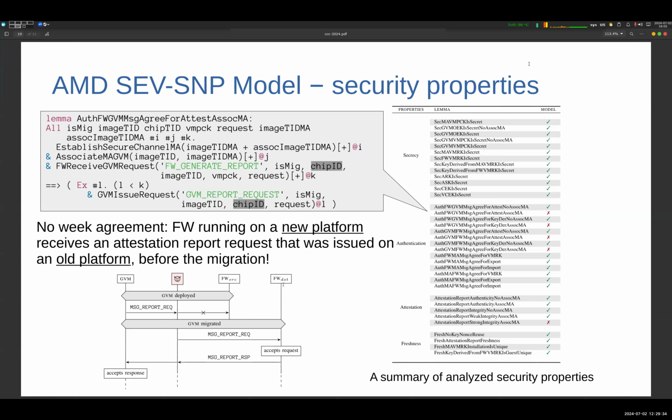The ABI is designed in such a way that if you're using a migration agent, it has to be part of the migration action. What that means is that part of the guest TCB is choosing explicitly to migrate to another platform, and that has to happen before the guest context is exported and sent off to the other side.